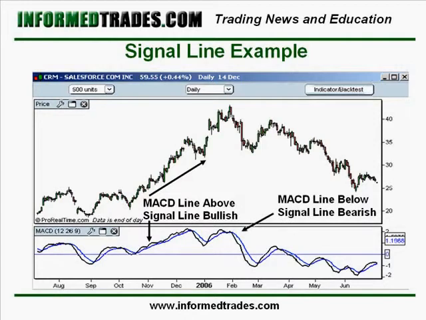You can see here it crossing below, and it actually crosses below at the top peak of the market there, and that was a bearish sign, and that was a very good signal that this particular indicator caught to the bearish side, because the market did sell off after that.